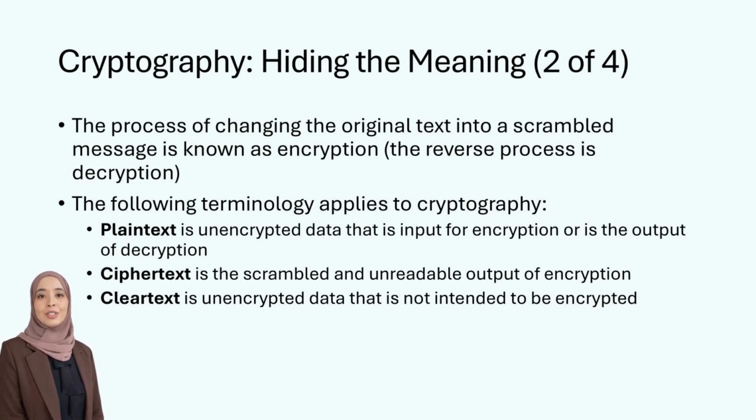Clear text is the normal, unencrypted text that doesn't need any protection. These terms help us introduce cryptography fundamentals and understand how information is hidden and recovered during encryption and decryption.